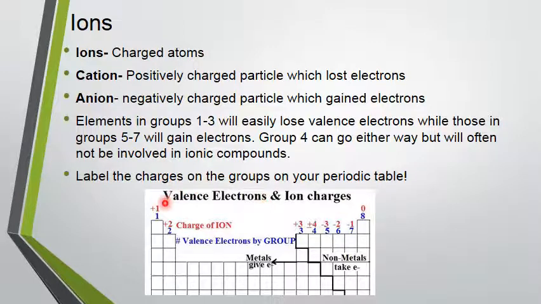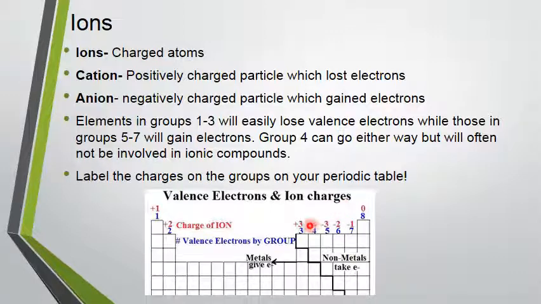So things in groups 1, 2, and 3 will get a positive 1, positive 2, or positive 3 charge when they become ions. Groups 5 through 7 will gain electrons. So when we're looking at 5 through 7, they are going to gain 3 electrons, 2 electrons, or 1 electron to become negative anions.